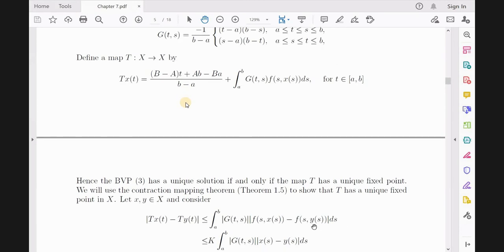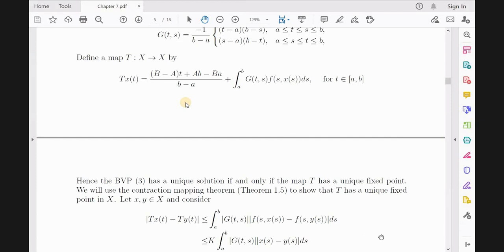Now you can see f satisfies the uniform Lipschitz condition: the absolute value of f(s, x(s)) minus f(s, y(s)) is less than or equal to k into the absolute value of x(s) minus y(s), and this is the absolute value of g(t,s), integral from a to b.